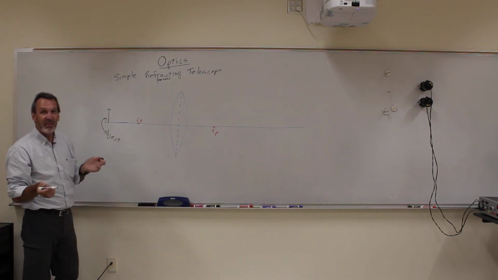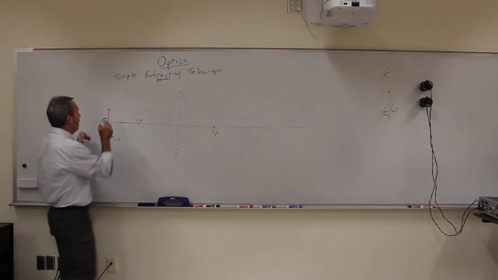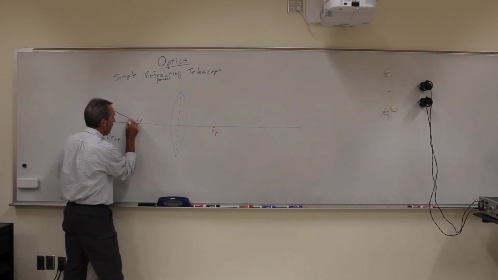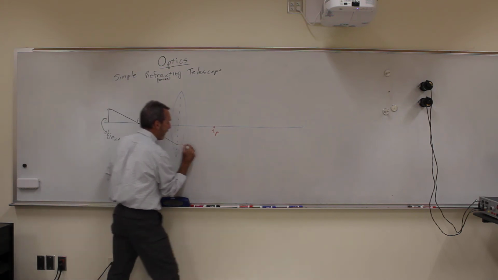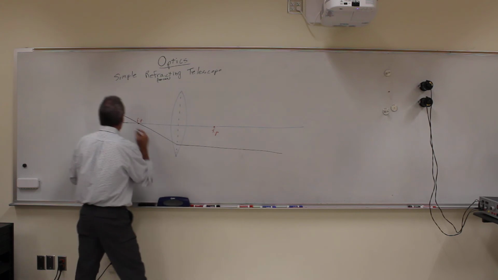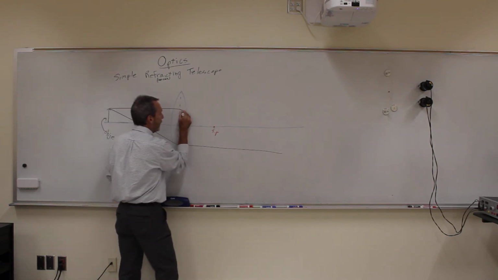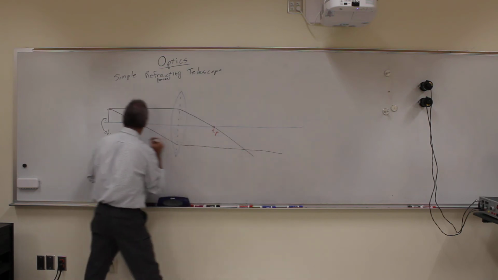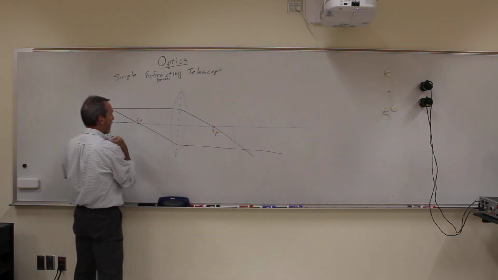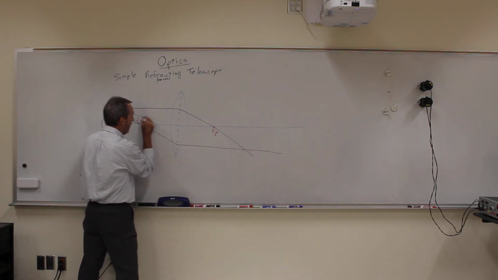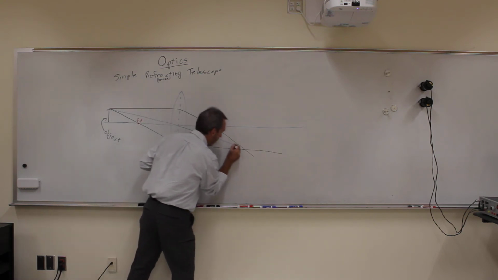Now we're going to do the exact same thing we did in case 1. We have a light ray. It's going to go through the focal point and come out parallel. We have one that's going to go parallel and go through the focal point. And then we're going to have one, I should be doing different colors here, that goes right through the center and just keeps going straight like that.